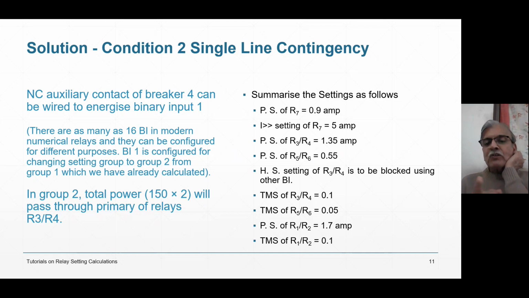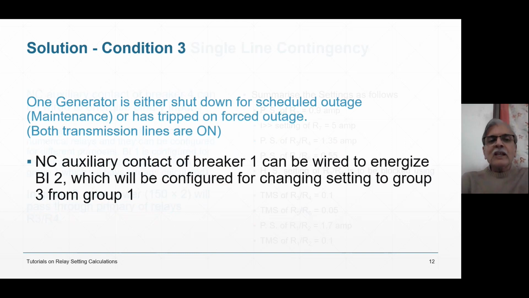Because R3, R4 is 1.35 and R1, R2 is backing up 1.3 divided by 1.05 of 1.35. Therefore, it is 1.7 ampere, and based on this, the TMS of R1, R2, if you calculate, the same calculation method is not different, but now one line is off. That is the second possibility.